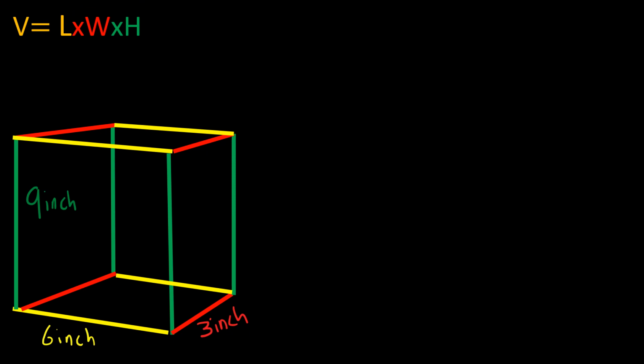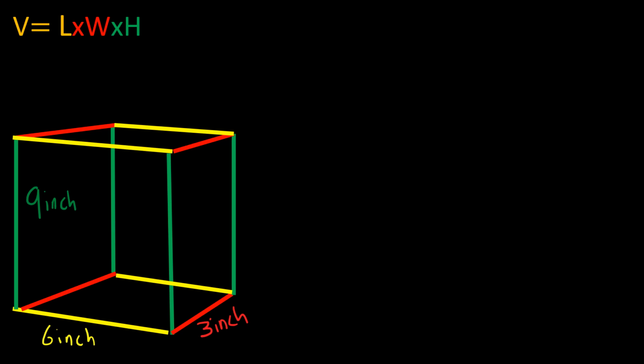In this example, we have a box with a length of 6 inches, a width of 3 inches, and a height of 9 inches. We have to calculate the volume, and keep in mind volume equals length times width times height.